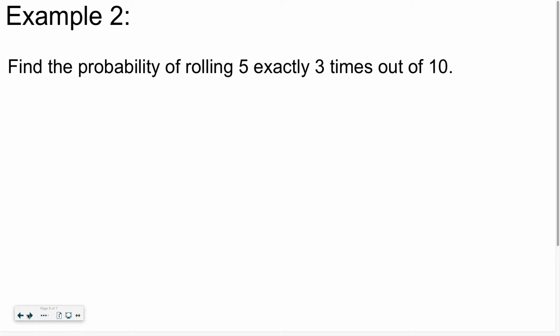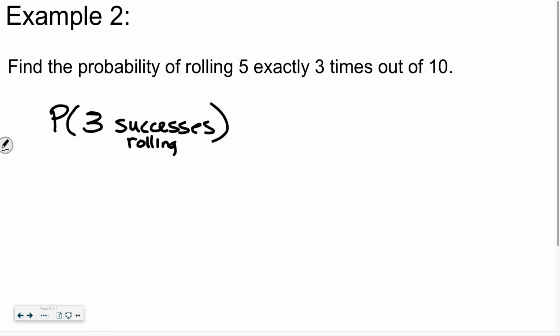Let's do an example. We're going to find the probability of rolling a 5 on a 6-sided die, we'll say, exactly 3 times out of 10. Okay, so I want the probability of 3 successes, which my successes are rolling a 5 3 times.